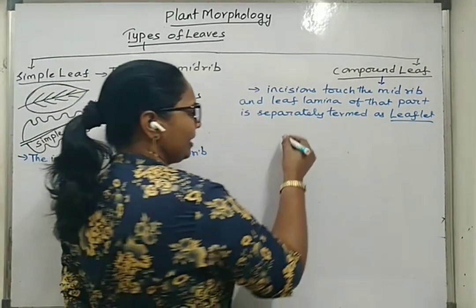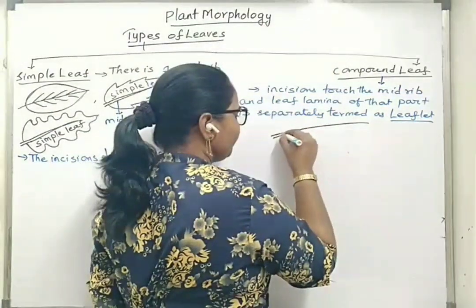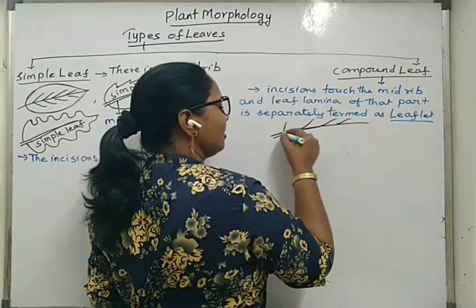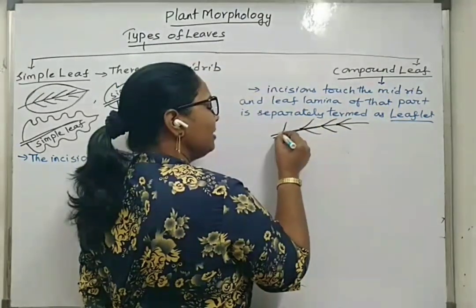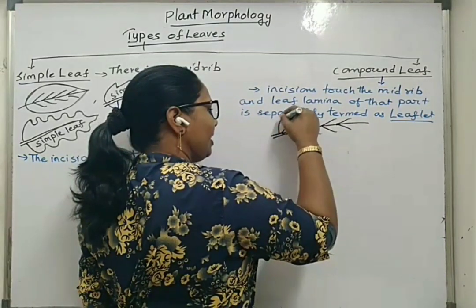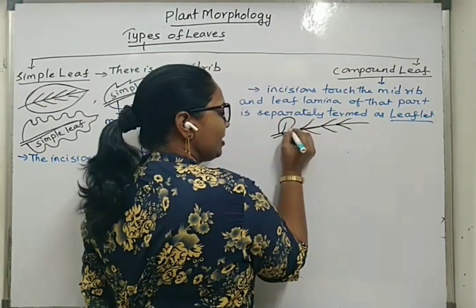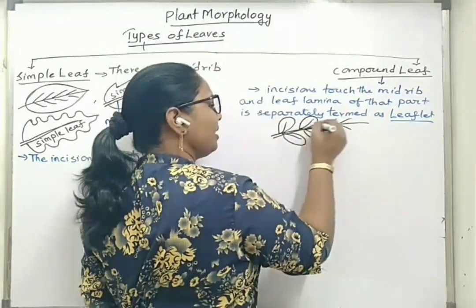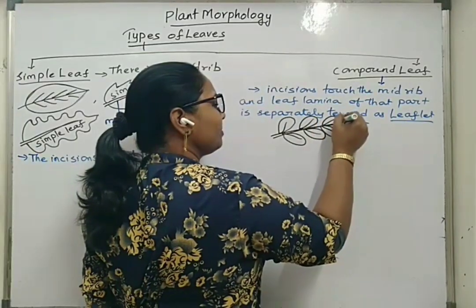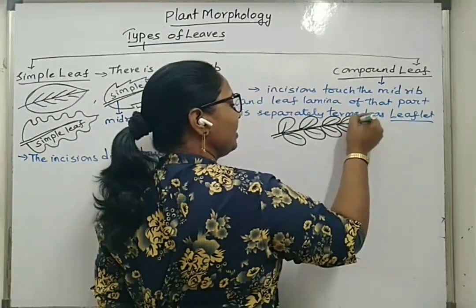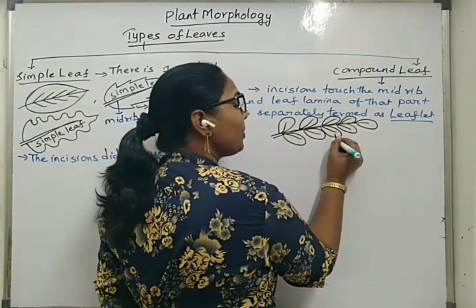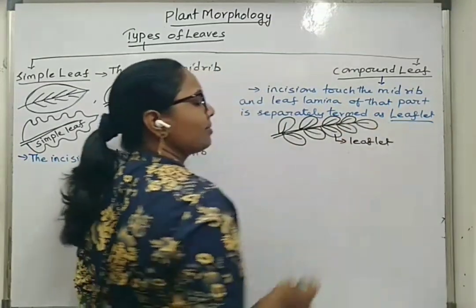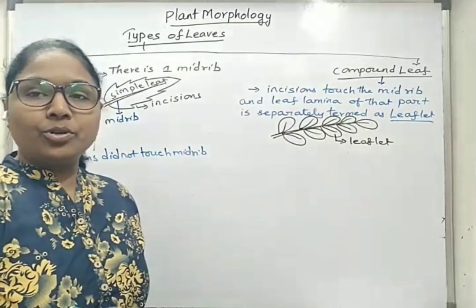So roughly if we give a diagram, this is the midrib. Here arise the veins. The leaf lamina has started incision, but that incision has extended up to here like this. So that part of the leaf lamina got separated like this. Now we are giving each part of that incised leaf lamina as leaflet. Now the term midrib is also changed here.